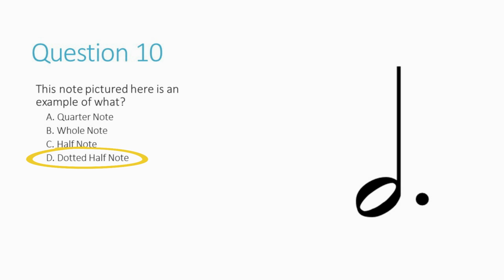In lesson 8, we discussed the dotted half note, and it is illustrated as a circular shape with no filling, a stem that goes up and down, and a dot on the right side of the note. This tells us that this note gets 3 beats.